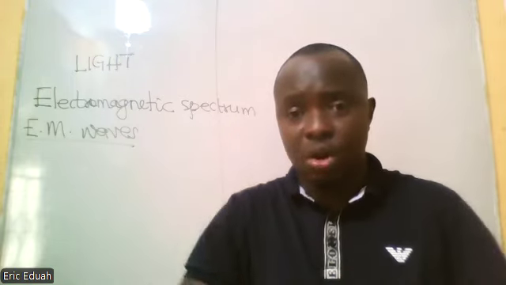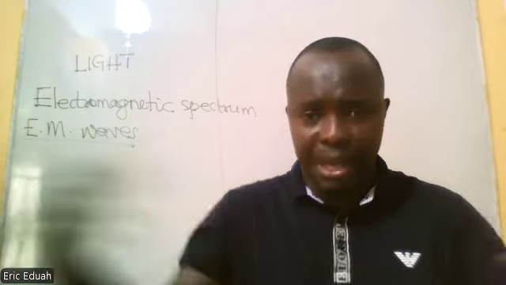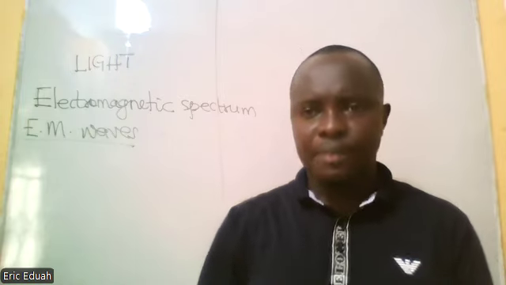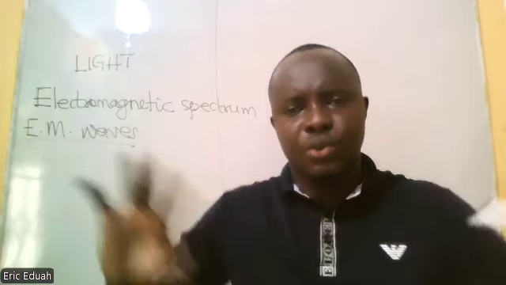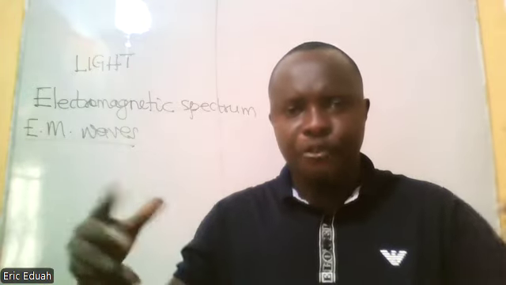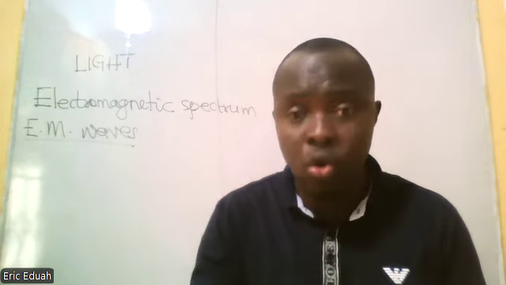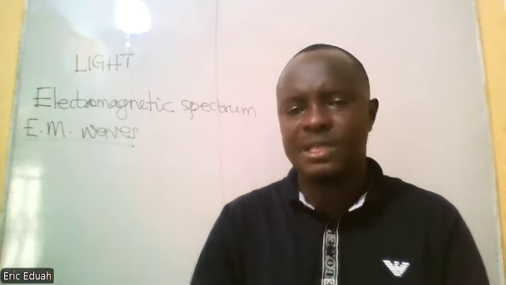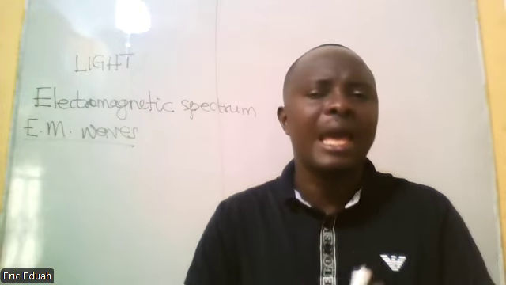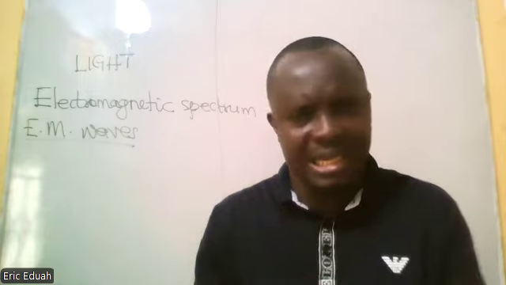Whether there is a medium or no medium, they can still be propagated. All these waves that do not require a medium for propagation are what we are terming electromagnetic waves. So electromagnetic waves do not require any material medium before they are propagated.